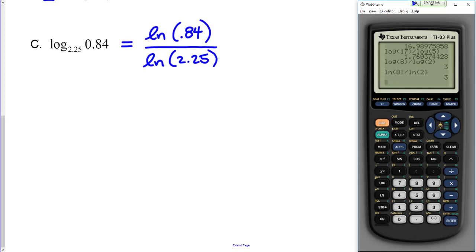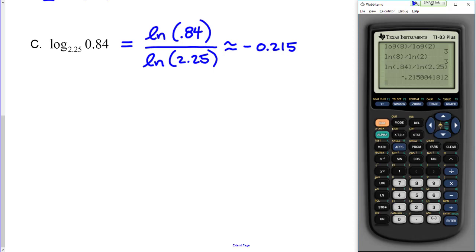So let's see what happens. The natural log of 0.84 divided by the natural log of 2.25. And we get kind of a strange answer. It's a negative number. I'll take it to 3 decimal places.